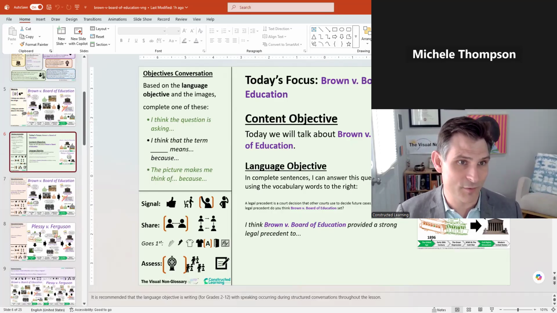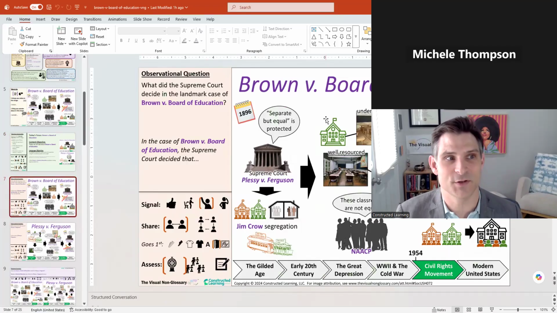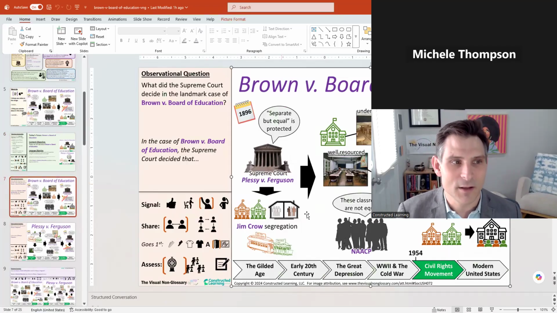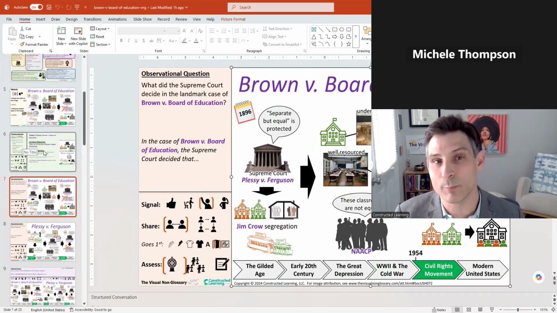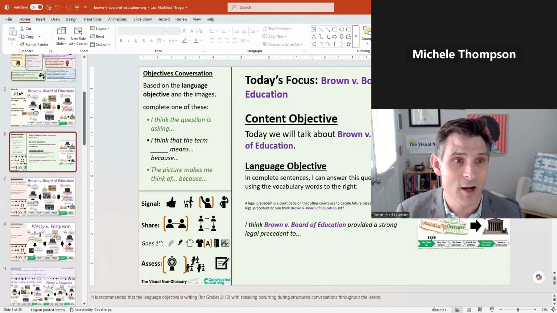So here's a word wall visual for Brown v. Board of Education. Here's the actual structured visual for Brown v. Board of Education. A lot more complex. We're going to have several conversations about this. But when I look up at the board or at the word wall at an 8.5 by 11 piece of paper, I'll be able to see this very simple version that I can make a sight reference to as a student.